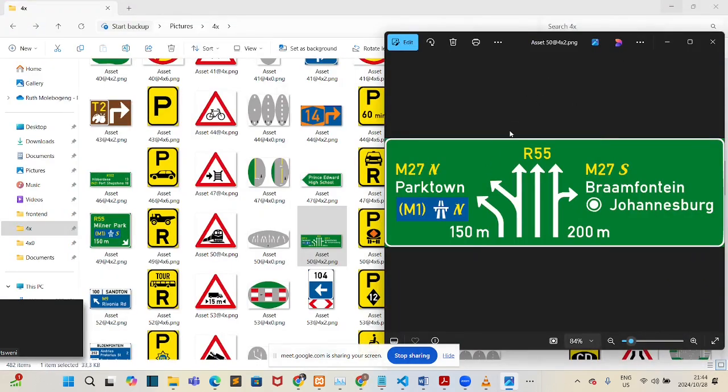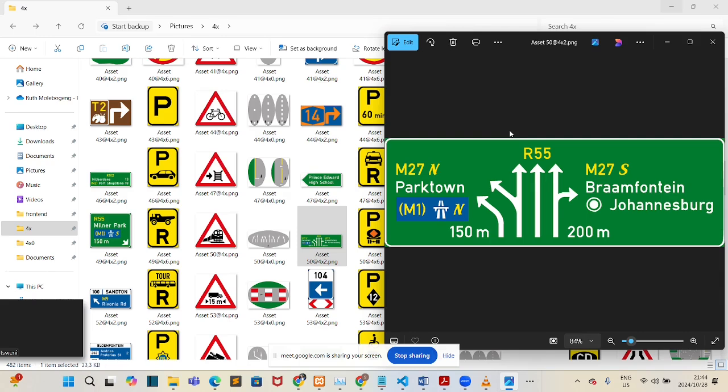There's the sign, right? They say, where can you possibly find this road sign? A, on the left hand side of a freeway and as close as possible to the off ramp. B, on any freeway with more than one traffic lane.